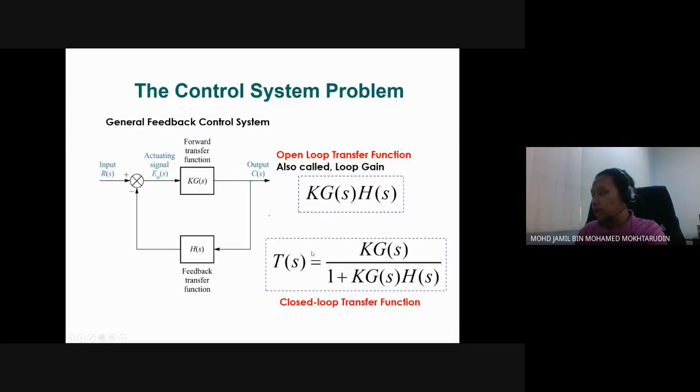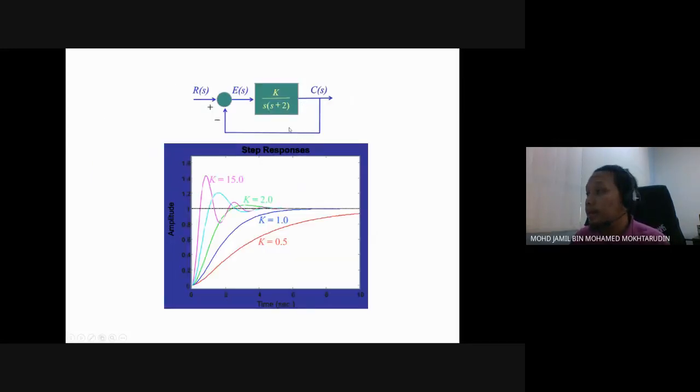So let's say you are given a system as shown here. When you simplify the block diagram, and then determine the time response, let's say you substitute different values for k. For example, you use k equals 0.5. When you plot the time response, you will see that the graph is something like underdamped.